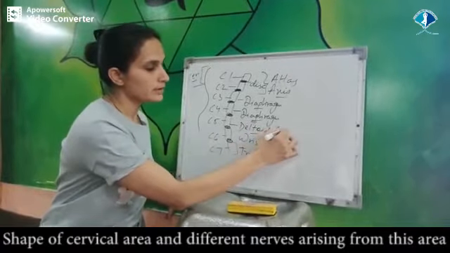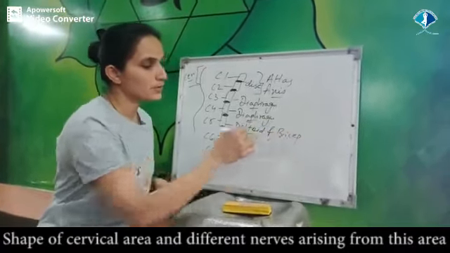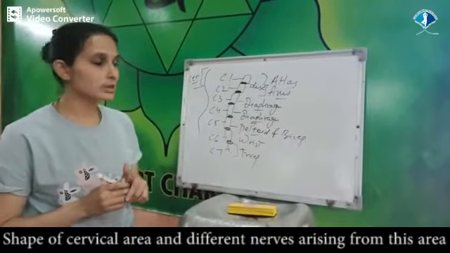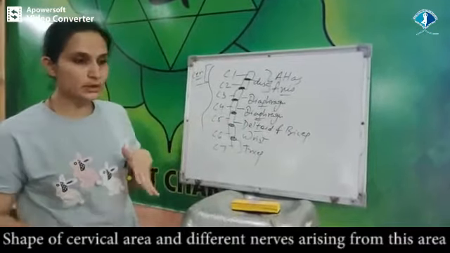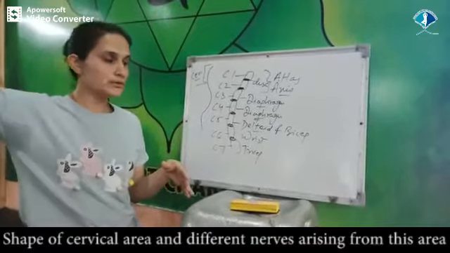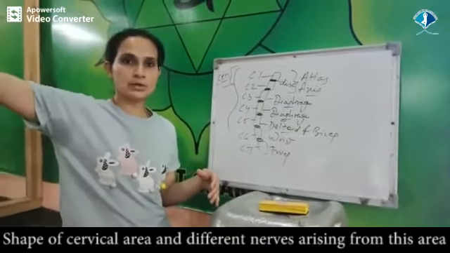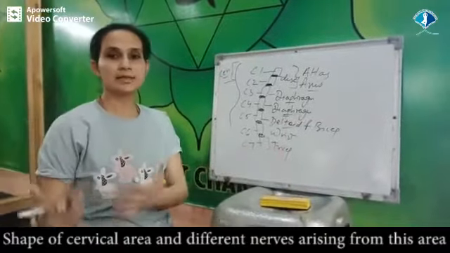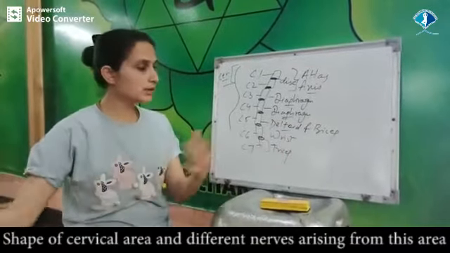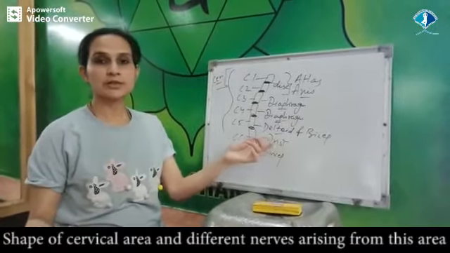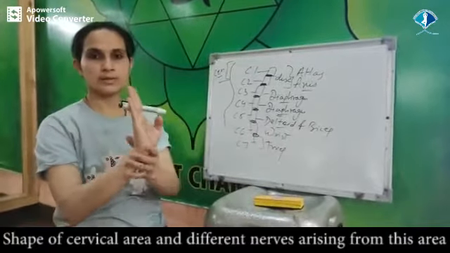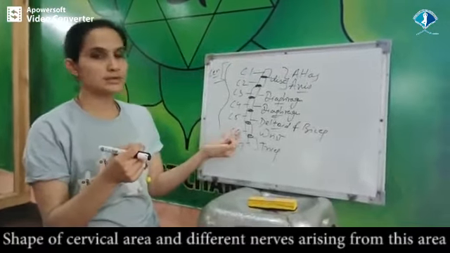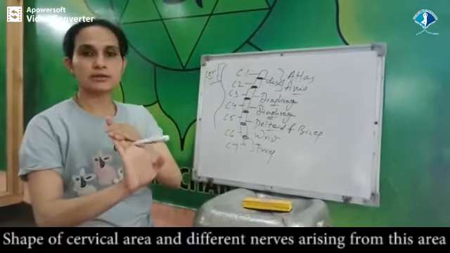Your C5 is also responsible for bicep muscle stimulation. So if you see, what is the deltoid for? The deltoid is for raising your arm sideways. Your bicep is for flexion. Your tricep is for extension. The muscles stimulated by the C6 nerve are for wrist extension.